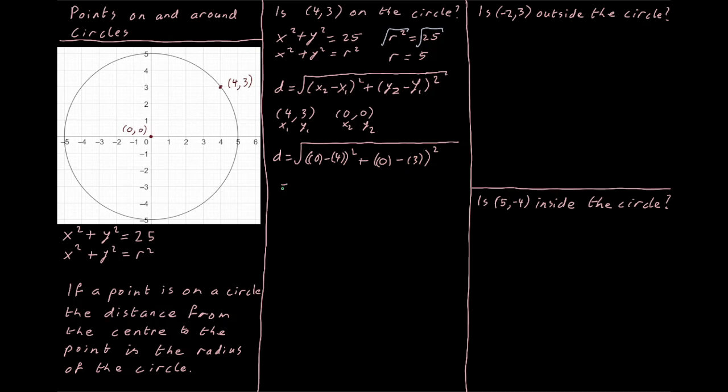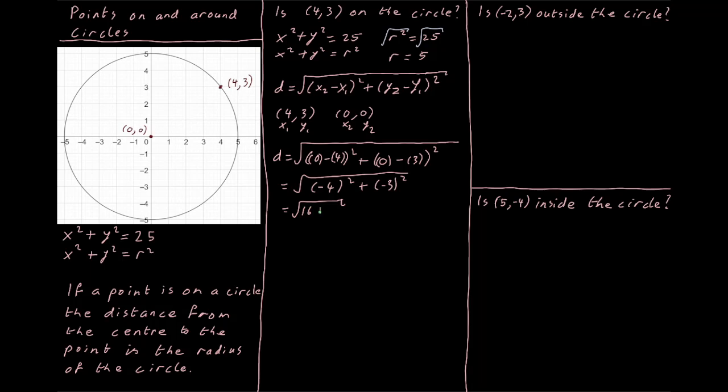And when we tidy that up, we get the square root of minus 4 to be squared plus minus 3 to be squared. And we have to be very careful that all of this is in brackets or it won't come out correctly on our calculators. If we put in minus 4 squared without brackets, we'd get minus 16 instead of plus 16, which would be wrong.